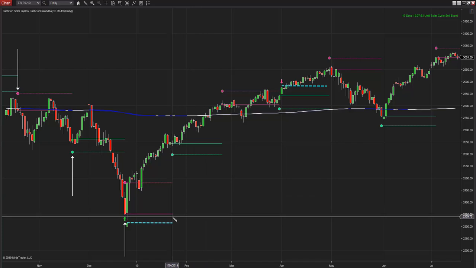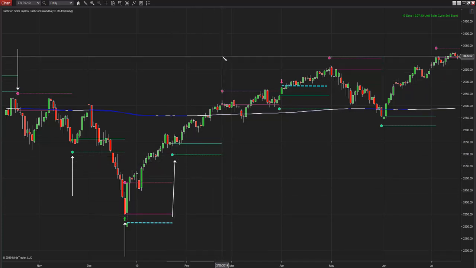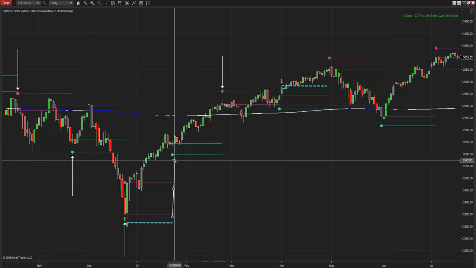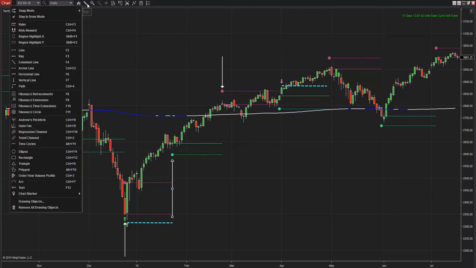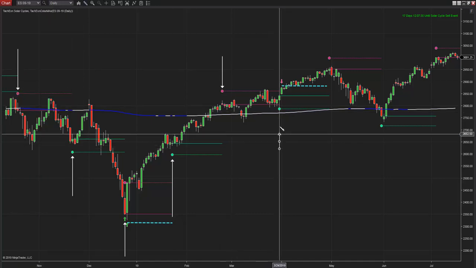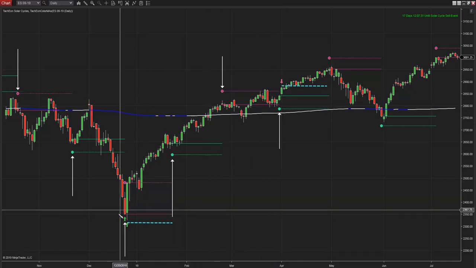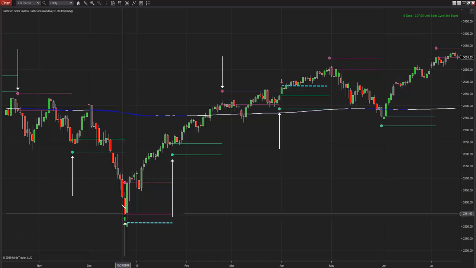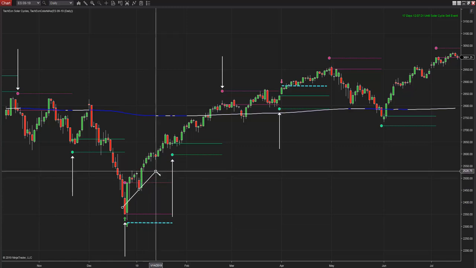Then we had another signal on January 24th, another signal at February 26th, it looks like. And now a pattern 5 at March 29th. Pattern 5s and pattern 4s generally behave the same way, meaning when you see this arrow here, even though it's a red signal, it tends to go the other way.